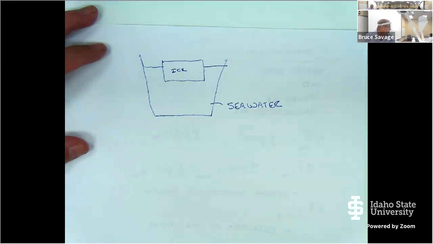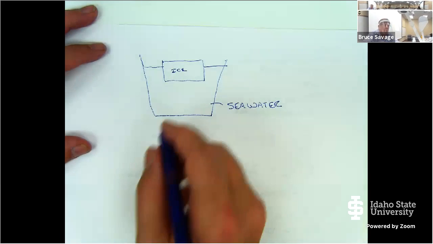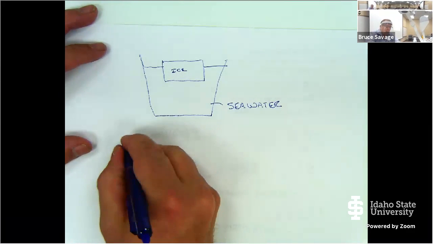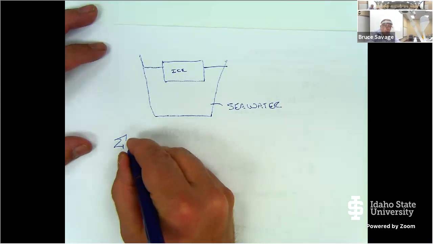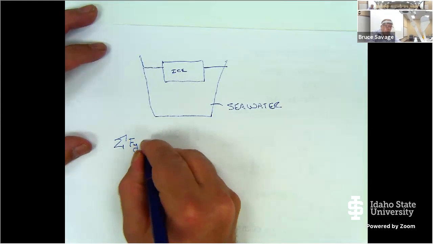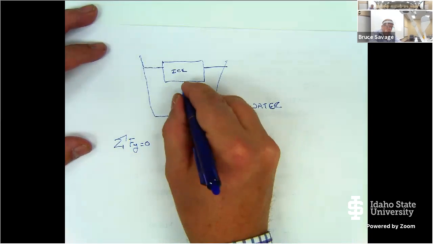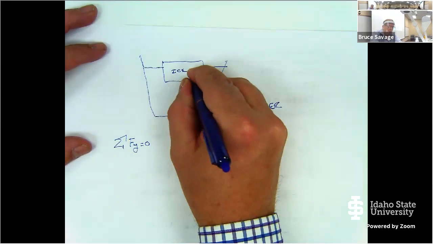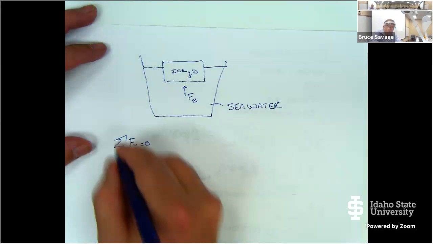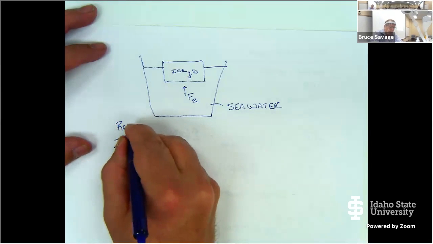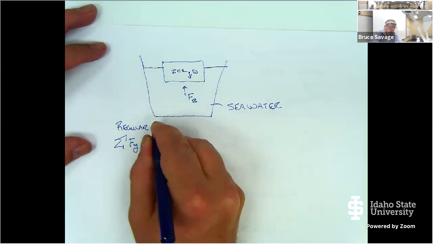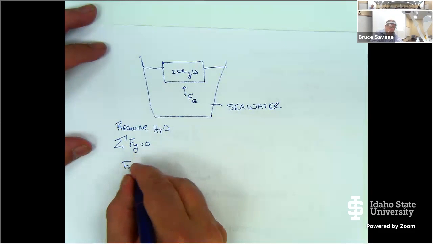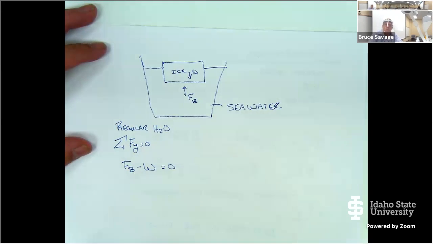So we've come to the conclusion, the agreement, right, that based on the principle of buoyancy, if this is regular water, when we take the sum of the forces in the y direction equal to 0, we get the buoyancy force right here, and we get the weight of the ice pushing down. So if it's just regular H2O, we get the buoyancy force minus the weight is equal to 0.